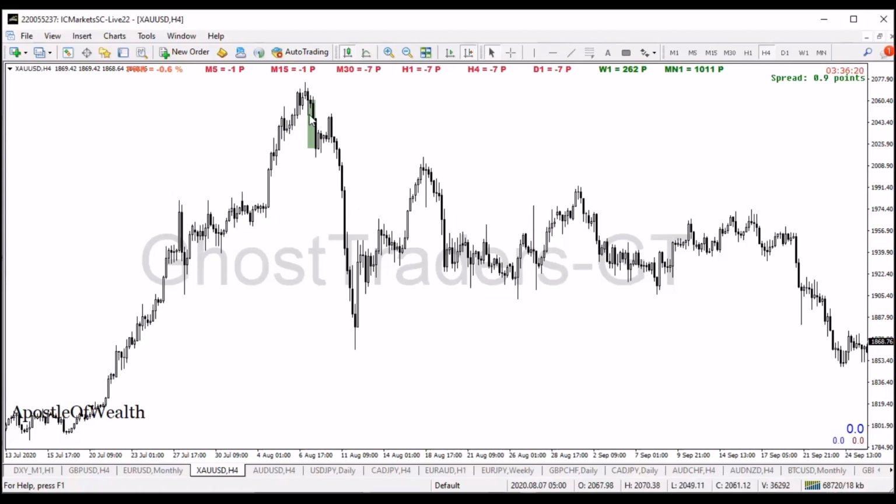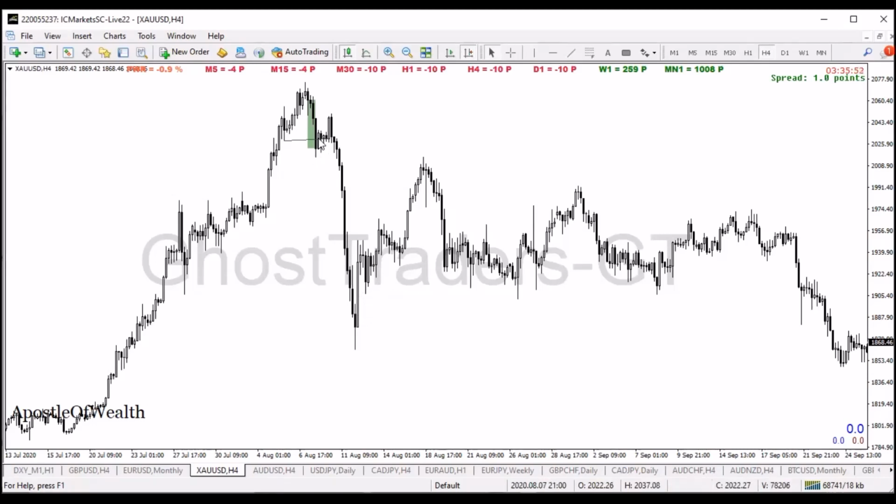So what we're going to be looking for is any institutional reference points at this level to cause price to continue to go short. Because if you look here, this low has been violated. Look at this low here that has been violated, which confirms to you that price is bearish based on order flow.